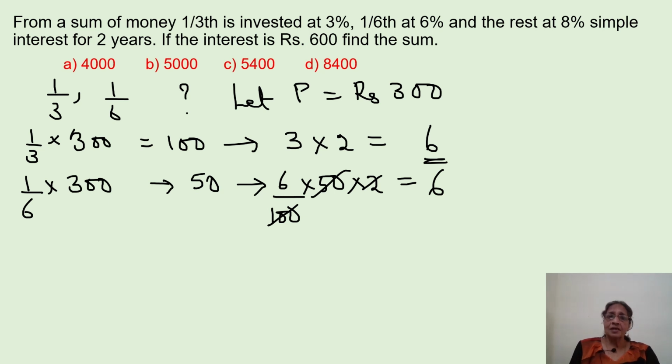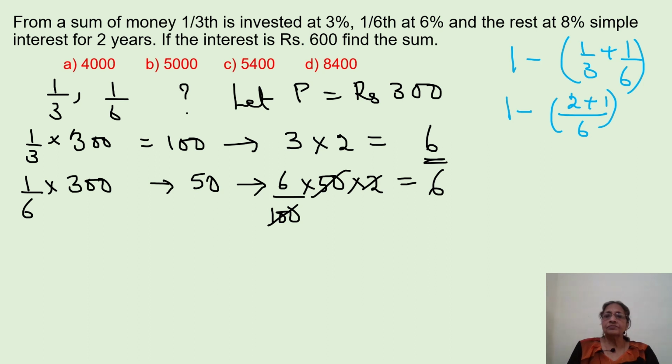Now the rest. So how much is the rest? Let's find out how much is the rest of the fraction: 1 minus (1/3 plus 1/6). Why am I taking that? Because these are already invested. So 1 minus this, take the LCM. So how much is left is half.